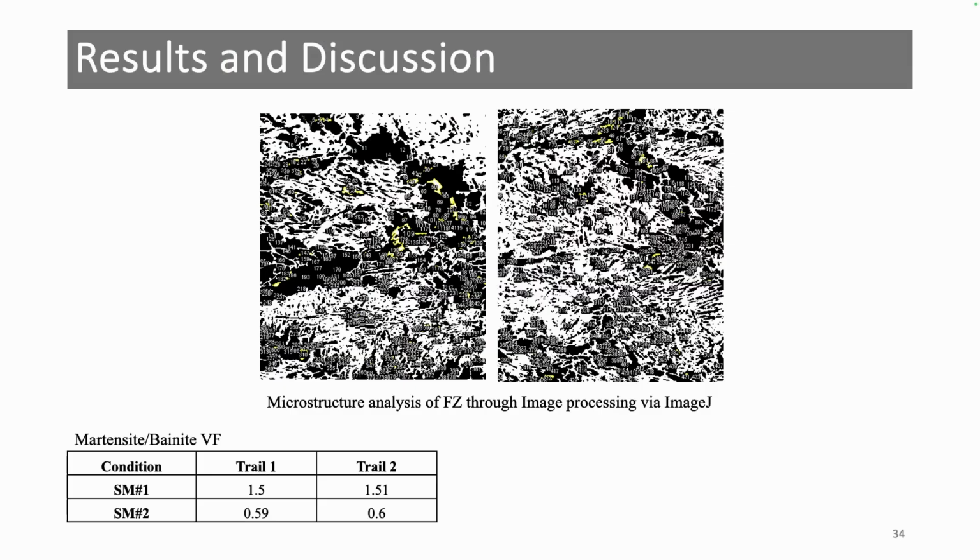And also for the analysis of the structure, we found that this amount of that phase is decreasing, like we got only 0.6% of the martensite or bainite phase.